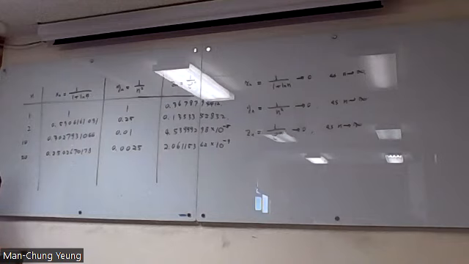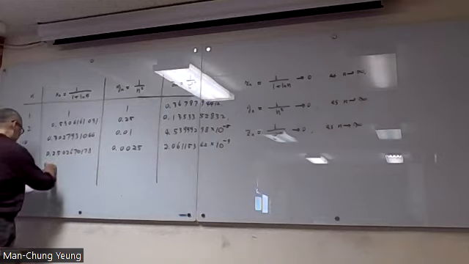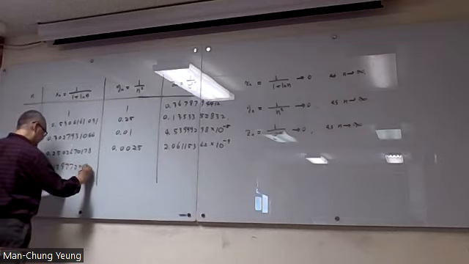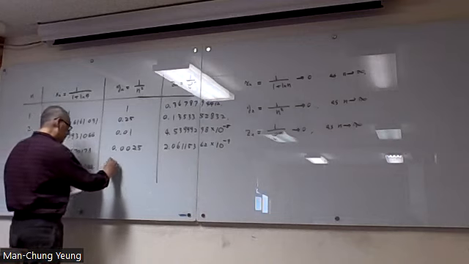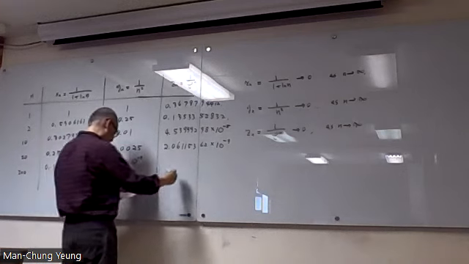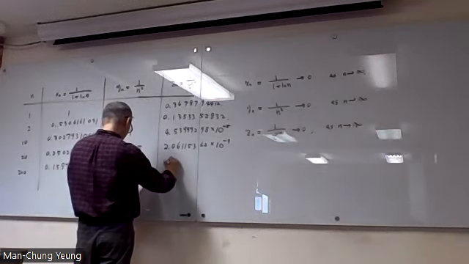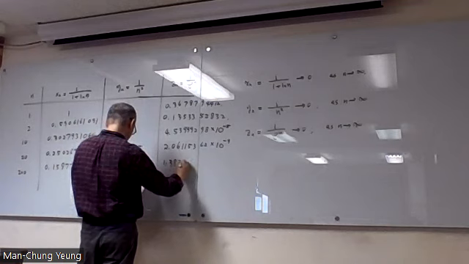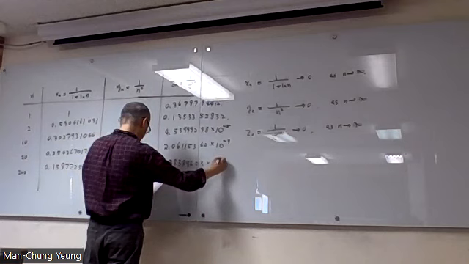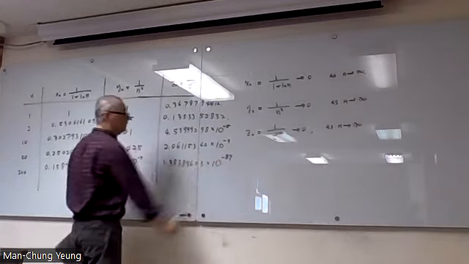If I take one more number, say at 200, see what we got: 2.5 times 10 to the negative 5, and 1.3838965 times 10 to the negative 87.